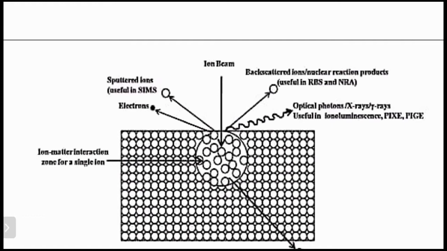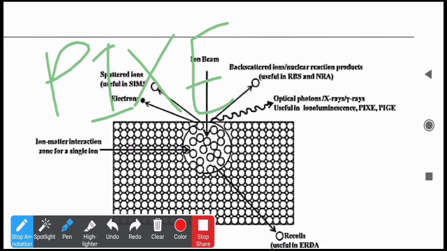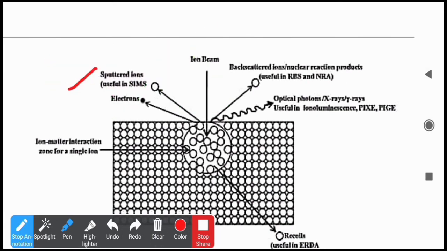So we have the SIMS technique, the Rutherford backscattering technique, and the electron techniques, that is photoelectron or XPS, or Auger electron technique. Another technique concerns X-rays.